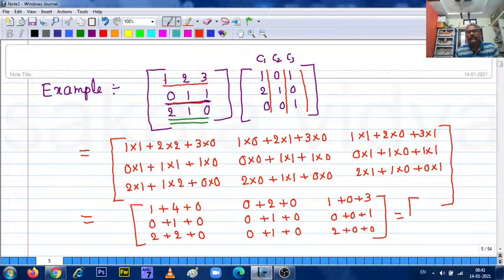So this equals to, we get 5, 2, 4, 1, 1, 1, 4, 1, 2. This is the matrix.